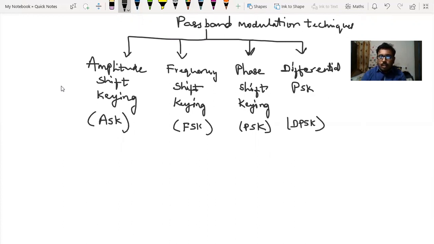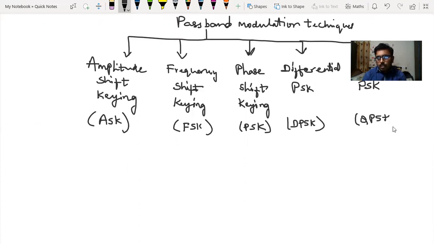And we also have one more term, quadrature phase shift keying, that is QPSK, which I can call quadrature PSK.